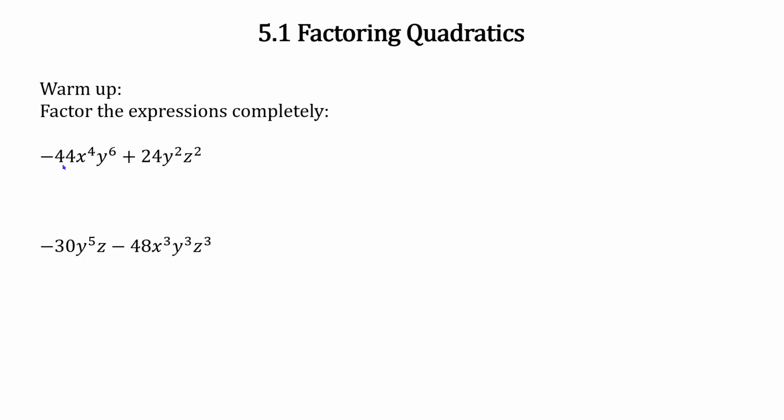Okay, so the first one I'm going to have 4y in common. So I can factor out a 4y. I'm sorry, just 4y squared actually, right? 4 goes into both of them. I don't have an x in both of them. I do have 2 y's.